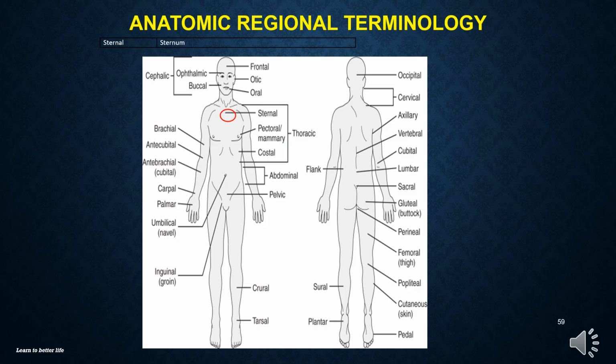Sternal is sternum. Thigh is the upper portion of the legs. Thoracic is the chest area. Umbilical is the navel. Vertebral means spine.